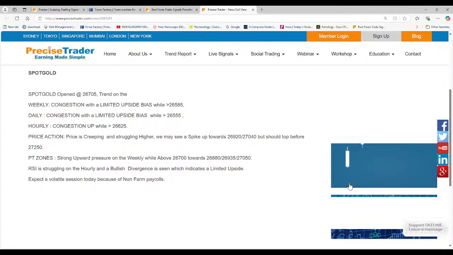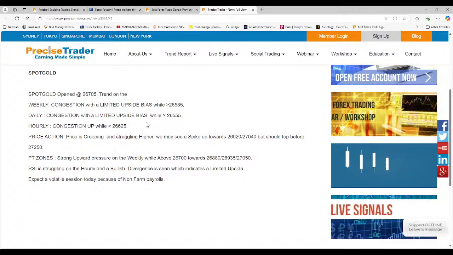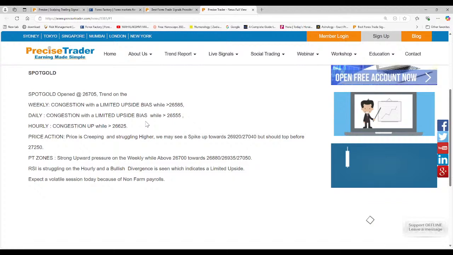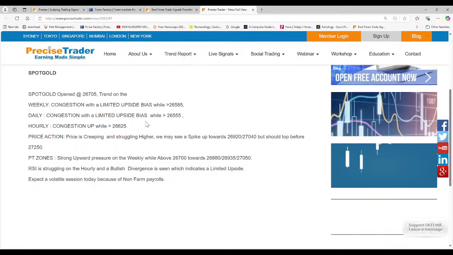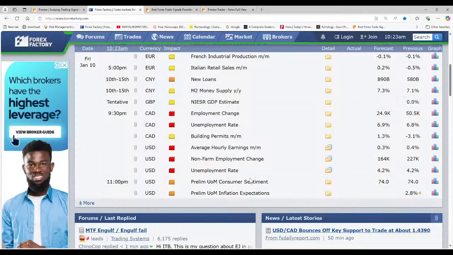I'm not sure what today's data will be. But looking at all the dollar movement and the price action, we expect today's data to be strong. In fact, the market is expecting 164K, previous was 227K. Most likely, we believe that we should get a stronger data.